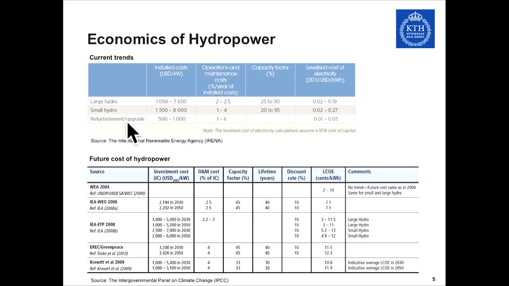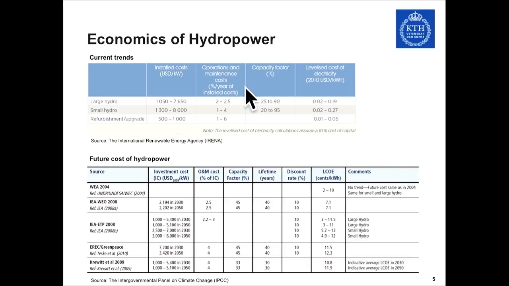So here you could see for large hydropower plants, the installed cost in US dollars per kilowatt could be as low as $1,050 per kilowatt, or as high as $1,600 per kilowatt. Comparing it to small hydropower plants, you could see that the cost per kilowatt of a small hydropower plant is higher compared to large hydropower plants.